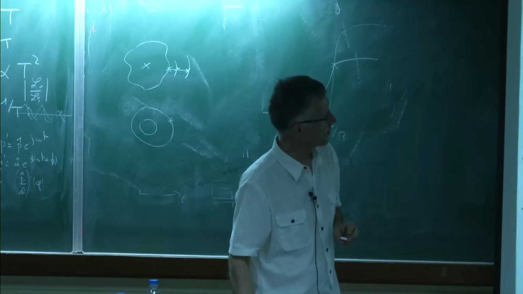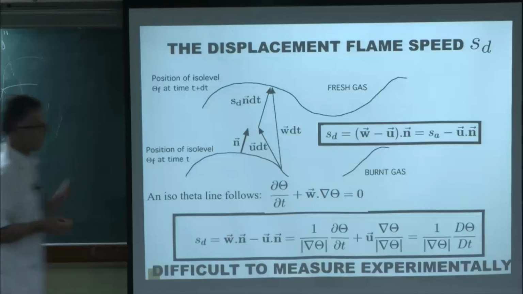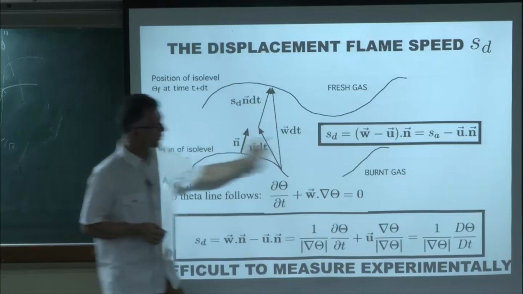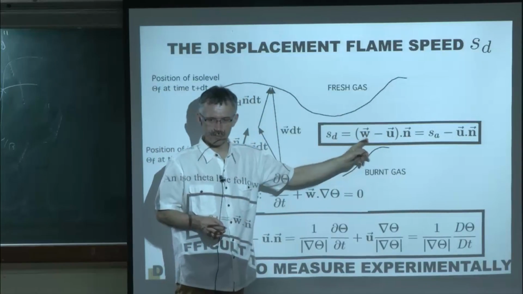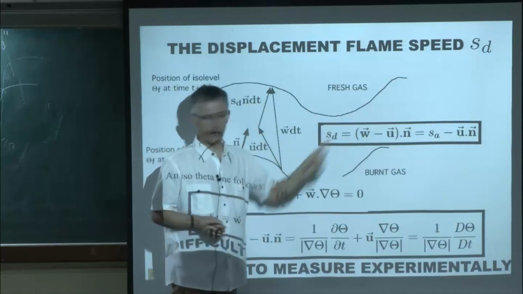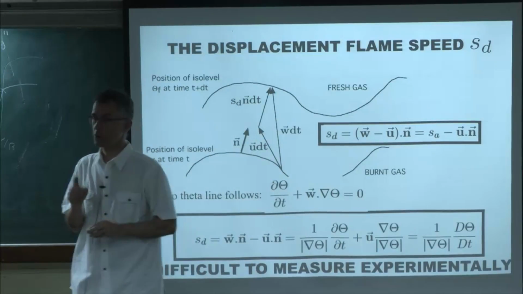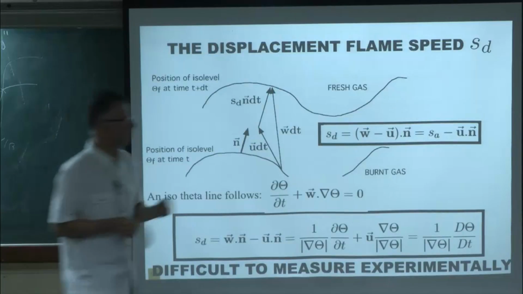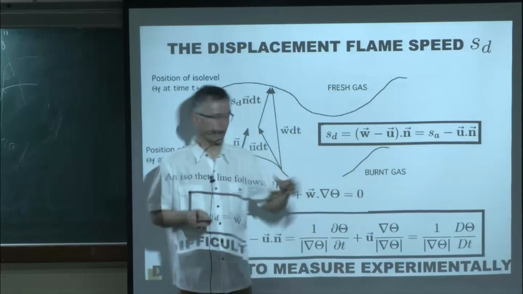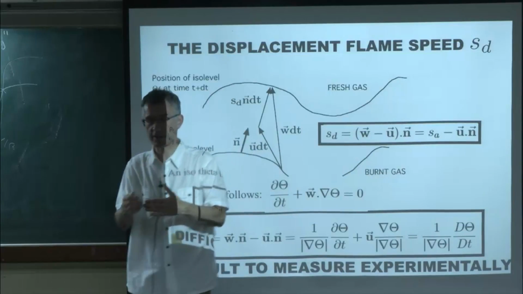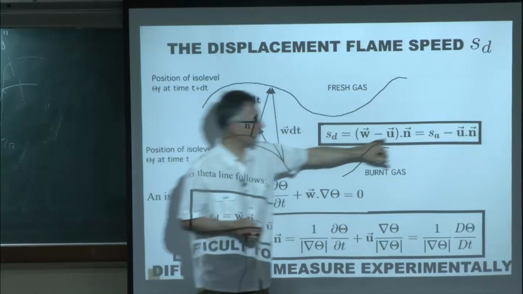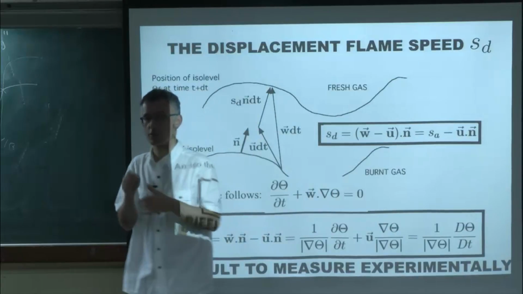So let me go to the displacement speed now. For the displacement speed, you have to subtract the flow velocity from the flame velocity. That's much more difficult to do experimentally. Some people do it today. You have to track at the same time the interface position, by using, for example, drops which evaporate at the flame front, and at the same point you have to measure the flow velocity.